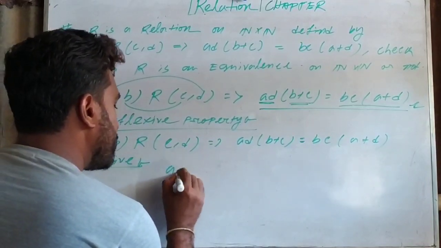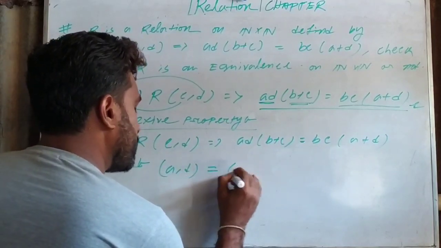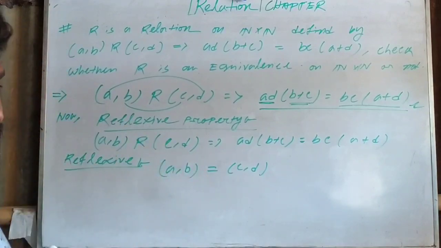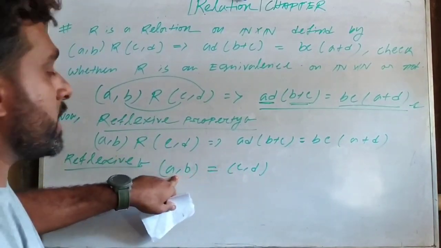Same element means that the two ordered pairs are the same here. AB and CD are the same. That means in place of CD, you can use AB.